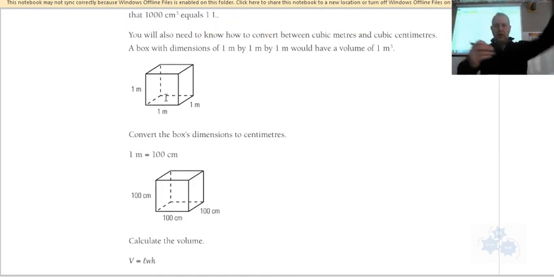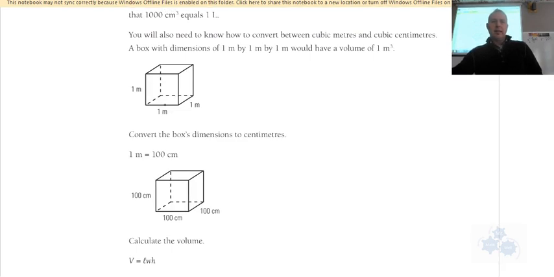If we're looking at a cube that's 1 meter by 1 meter by 1 meter, that's going to be 1 meter cubed, isn't it? 1 times 1 times 1 is 1. But if you write that in terms of centimeters, this would be 100 centimeters times 100 centimeters times 100 centimeters.